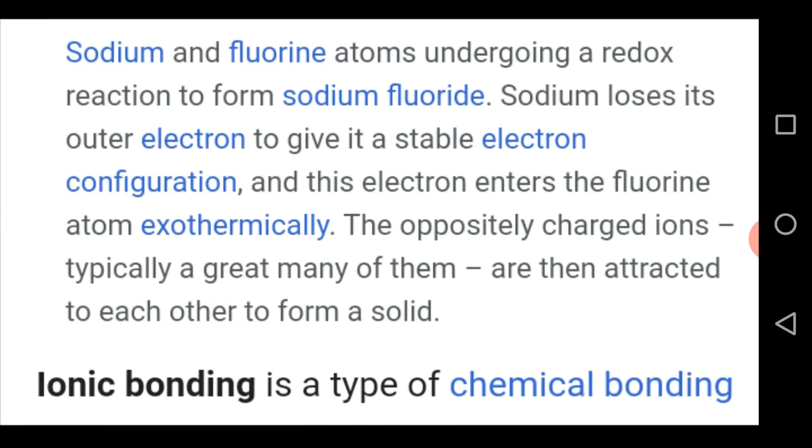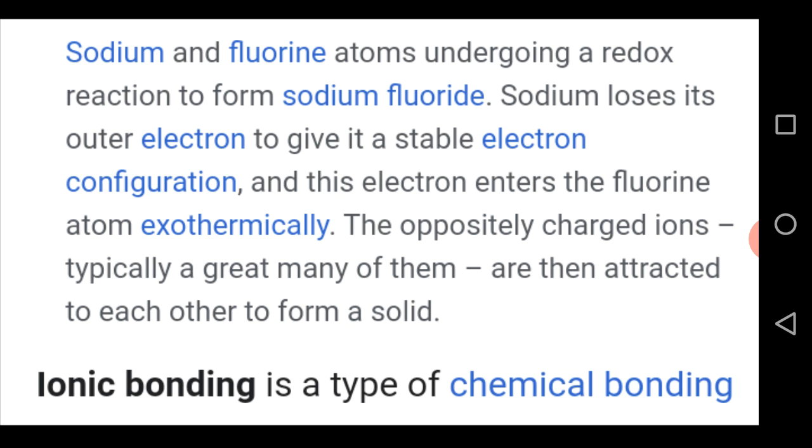Sodium loses its outer electron to give it a stable electron configuration, and this electron enters the fluorine atom exothermically. Exothermically means heat is evolved, released by doing this.